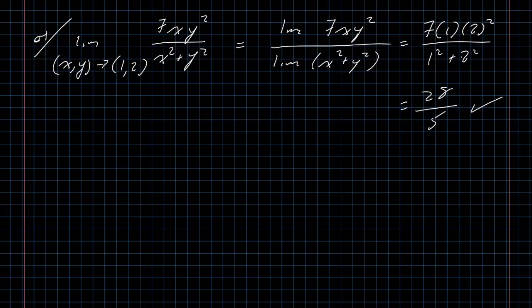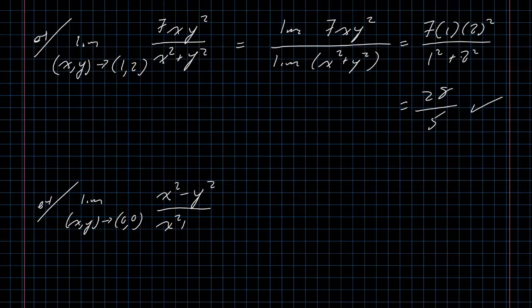If we look at something a little bit more tricky, then we start to run into some trouble. Say the limit as x, y goes to 0, 0 of the function x squared minus y squared over x squared plus y squared.